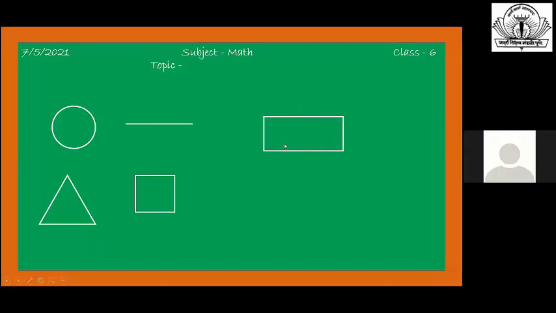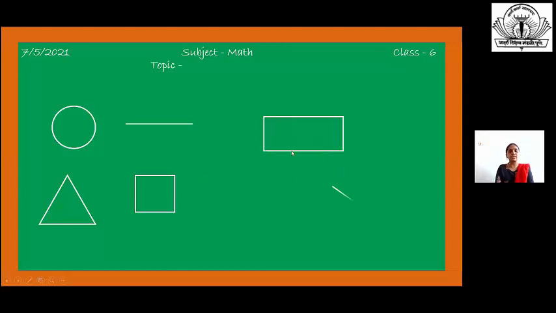The square and rectangle come under the same category, quadrilaterals, but they are different because in a square there are 4 sides and all the sides are equal to each other. But in a rectangle, all the sides are not equal, only the parallel sides are equal, right? So these are a few shapes.